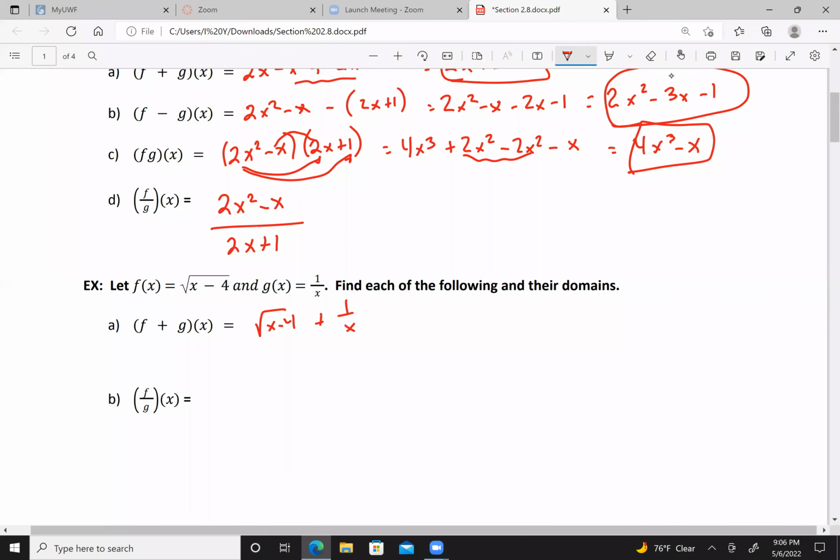This has to be greater than or equal to 0. So x minus 4 must be greater than or equal to 0. So x must be greater than or equal to 4. Here we have a restriction on x. X cannot equal 0. Well, since x has to be greater than or equal to 4, it cannot be 0. So this would be sufficient.